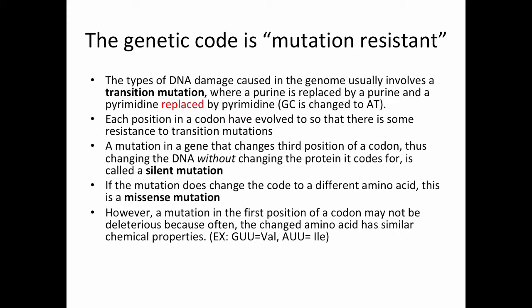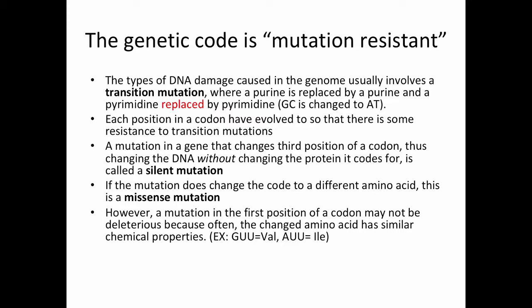For example, GUU codes for valine. If there was some type of mutation that causes the G, a purine, to be replaced by another purine, then that would give you AUU, and that's isoleucine.